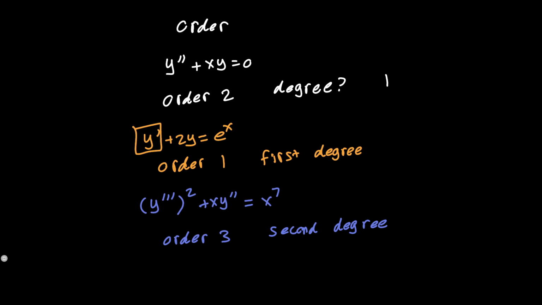So we see that identifying the order and its degree is fairly straightforward. Here we have our third derivative squared. So the highest derivative is order 3, and it is raised to a power of 2. So it is 2nd degree.